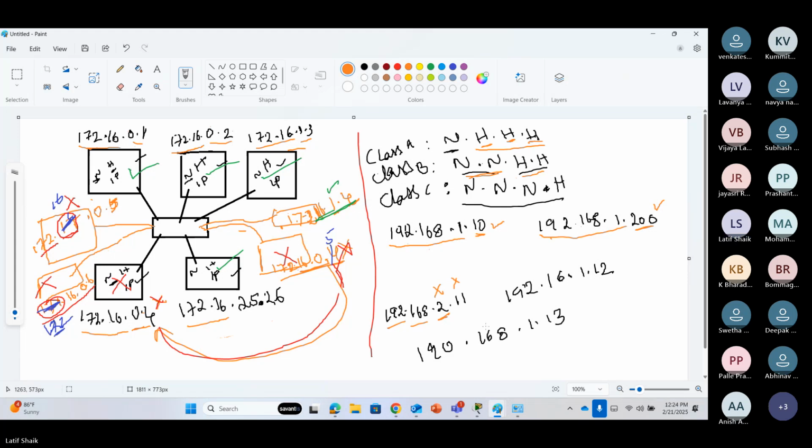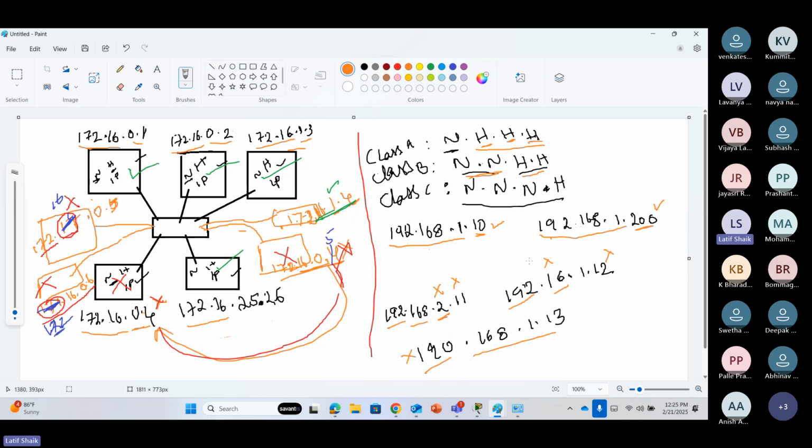This one: 192, good; 16, no, it cannot communicate with these. This one is 190, so different from all. We don't need to check other things. All three network portions must be the same to communicate in the same segment.